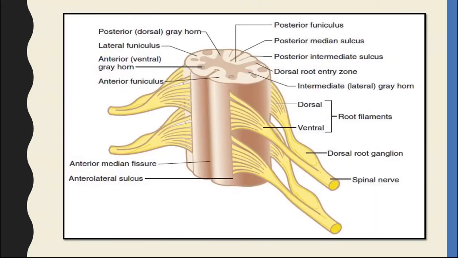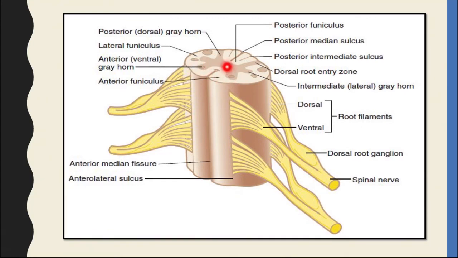Or we can see in this diagram, the cut section shows a cylindrical shape, and then there is the anterior median fissure. This part collection is called the anterior funiculus. The central grayish part is gray matter, and the surrounding part is white matter.